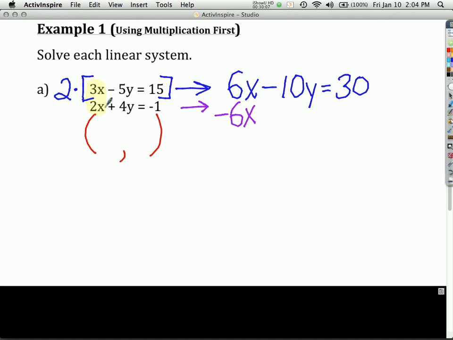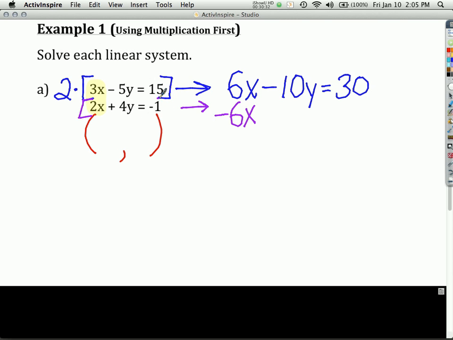What do I need to do to the second equation so this becomes a negative 6x? Eric? Multiply by negative 1. So if I multiply this by negative 1, that will become a negative 2, not a negative 6. Negative 3, let's see. Negative 3 times 2, yeah, that'll be a negative 6.